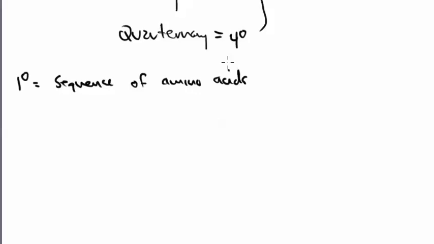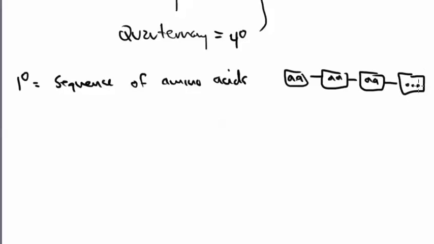That's all that primary sequence is. So amino acid number 1 hooked up with amino acid 2, hooked up with amino acid 3, and then I'm going to put dots because that can continue on. So that is primary sequence. If the question asks for primary sequence, that is what they're after. They want to know what amino acids, which ones, and in what order.